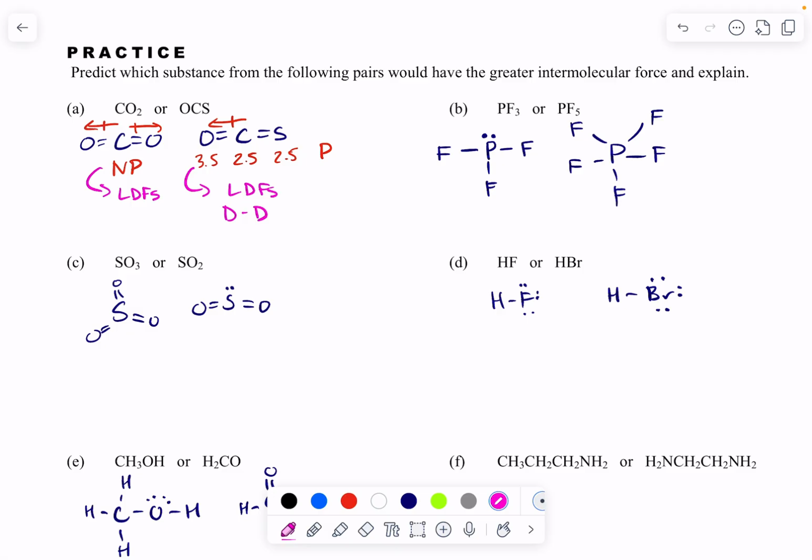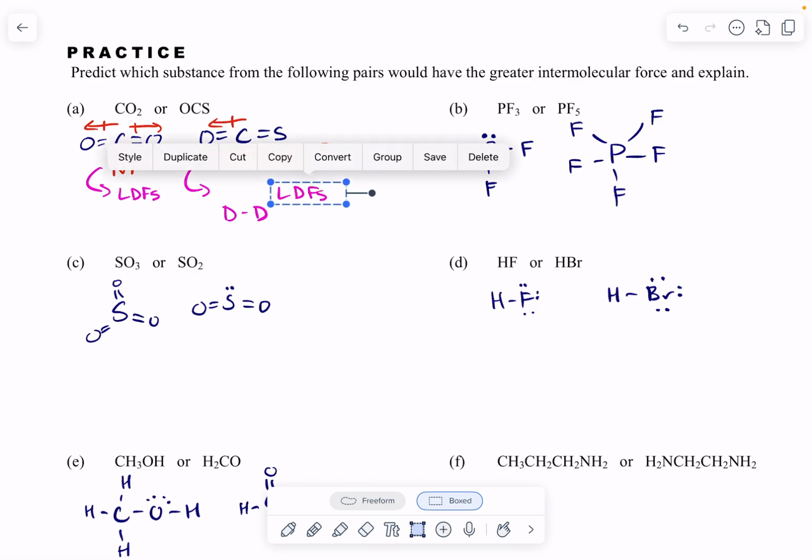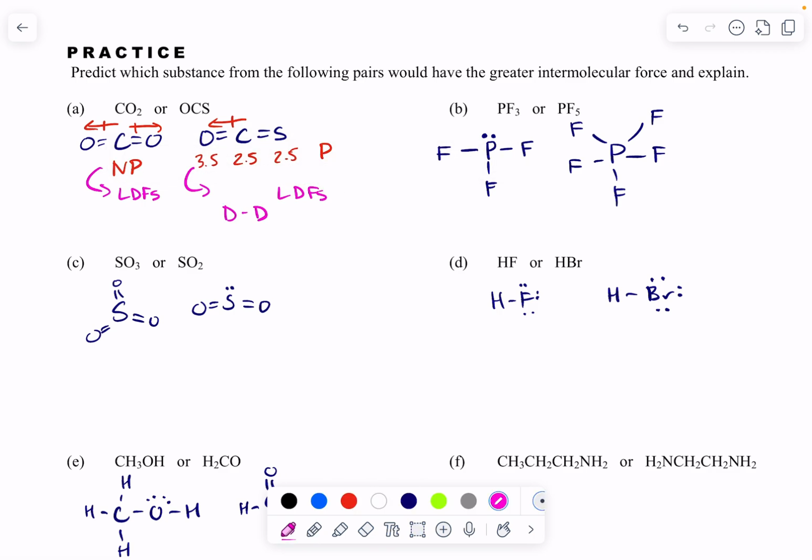Ask yourself, OCS, does it have hydrogen bonding? And the answer is no. So this is kind of what we're comparing. Before we actually compare them further, I want us to think about London dispersion forces. And we said earlier in the video that if something has more electrons, it's going to have greater London dispersion forces. So I might move this over just a tad. And I might say that because this one has sulfur, which occupies more energy levels, we can assume that it has more total electrons, that this is going to be more LDFs.